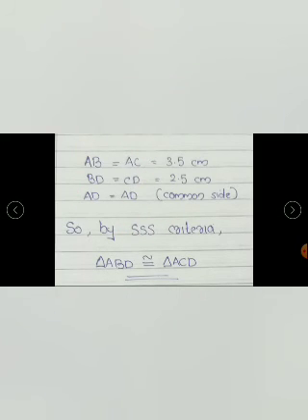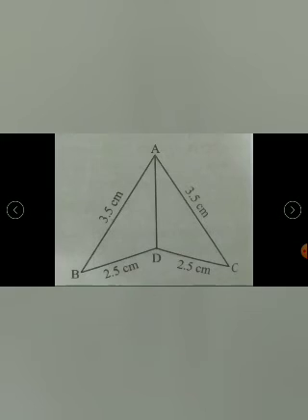So according to the figure itself, they have given the three sides are equal. Then by SSS criteria, we can say the two triangles are congruent. I said when we are writing the congruence criteria, that relation should be correct. Here ADB means you have to write ADC. Clear? Otherwise ABD, if you are writing, you have to write ACD.